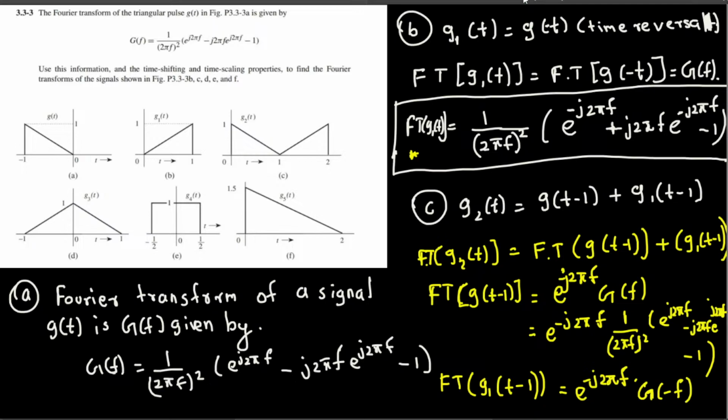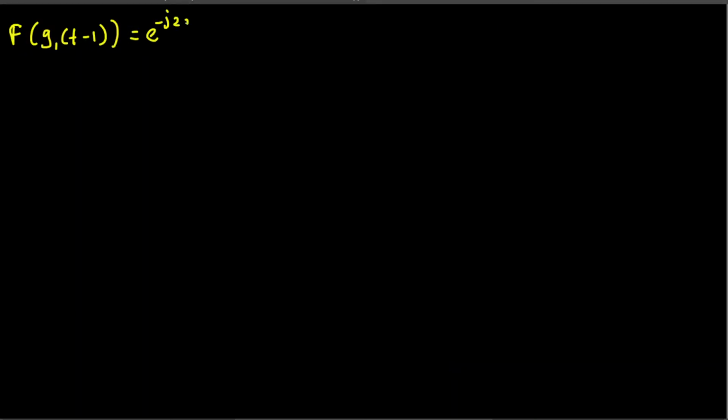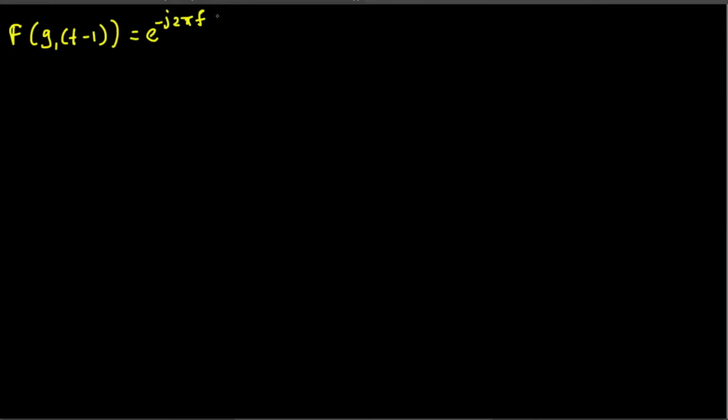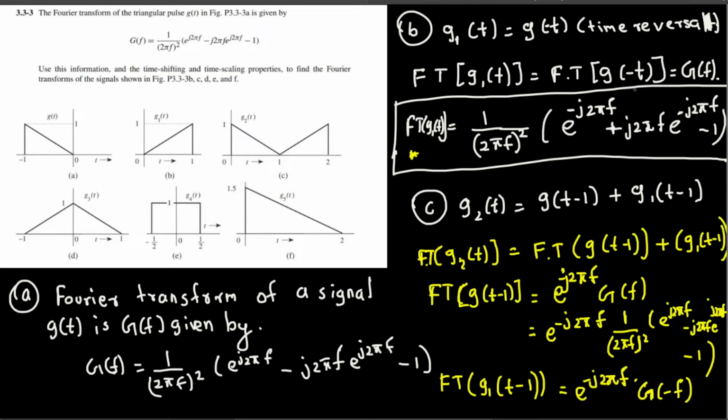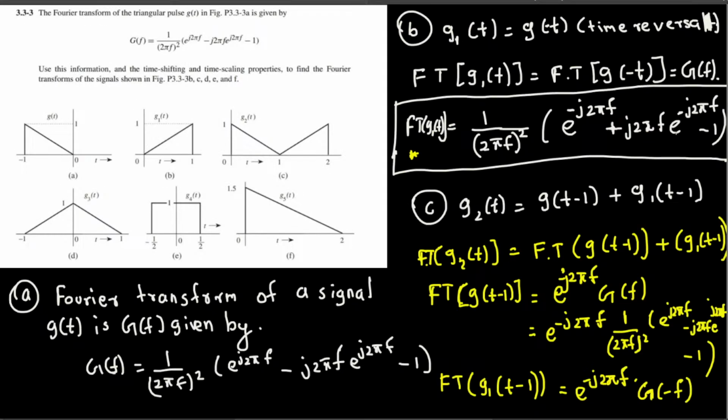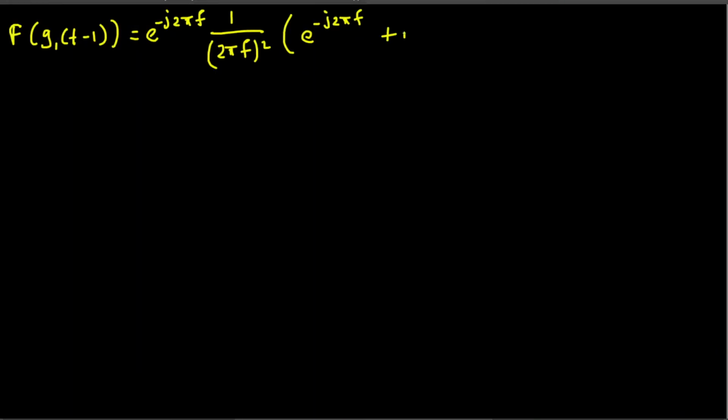So I'm going to write again the Fourier transform of g1(t−1) is equal to the first term, e^(−j2πf), multiplied by this whole thing, 1 over (2πf)² squared, and then multiplied by e^(−j2πf) plus j2πf e^(−j2πf) minus 1.